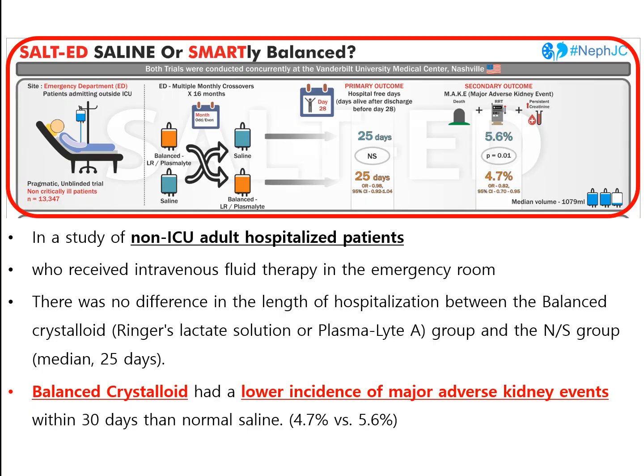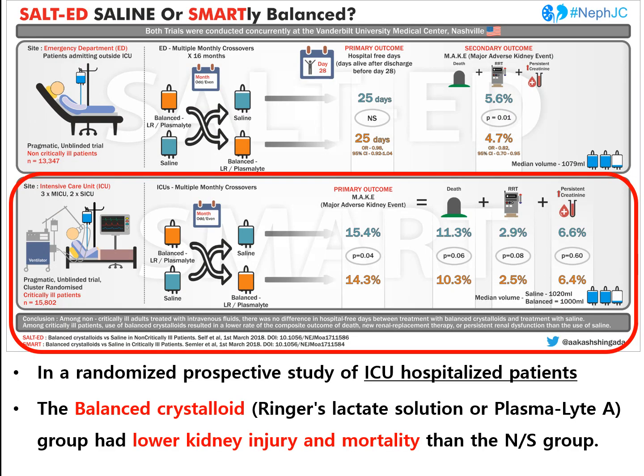A study of non-ICU adult hospitalized patients showed that balanced crystalloid had a lower incidence of major adverse kidney events than normal saline. A randomized prospective study of ICU hospitalized patients showed that the balanced crystalloid group had lower kidney injury and mortality than the normal saline group.